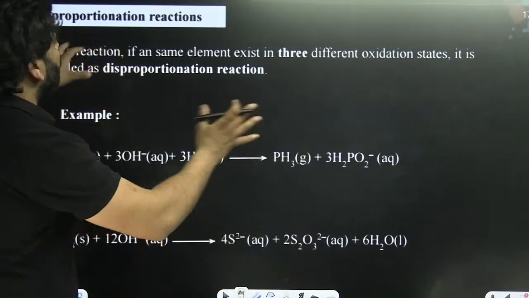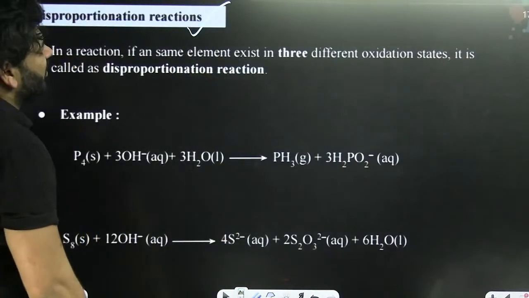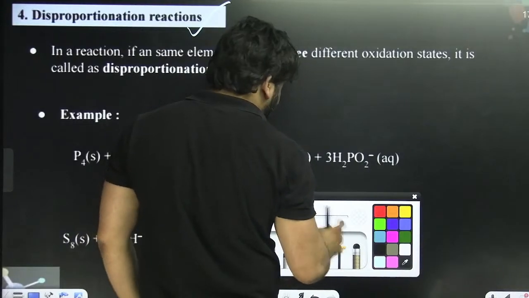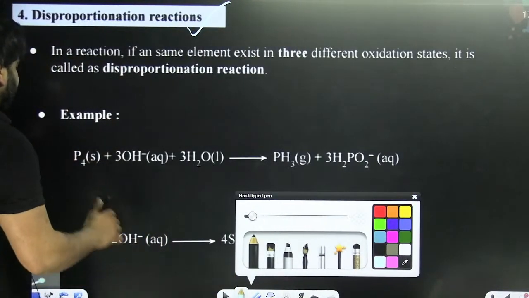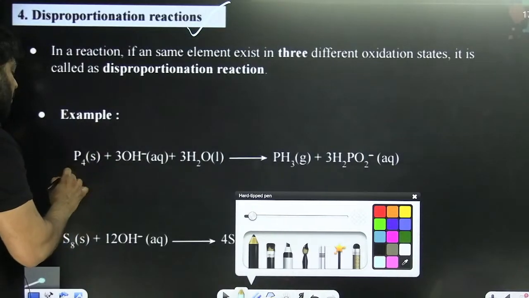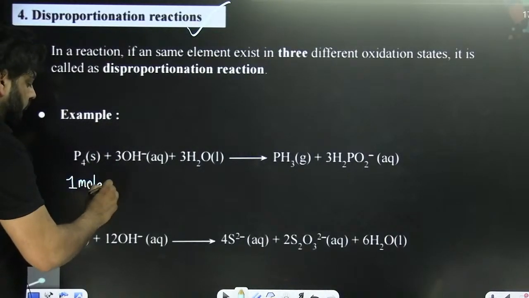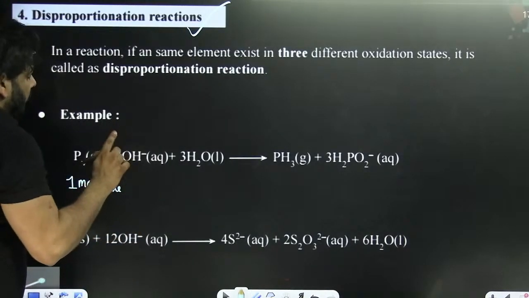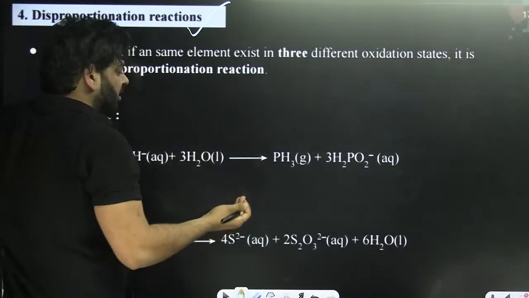Now coming back to our topic, disproportionation reaction, let me give you a perfect example and an explanation behind it. Whenever in a particular reaction, one element only in one molecule or ion, let it be phosphorus at zero oxidation state, undergoes oxidation and reduction.